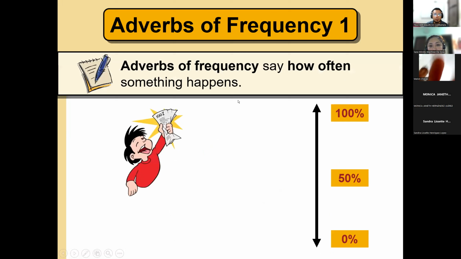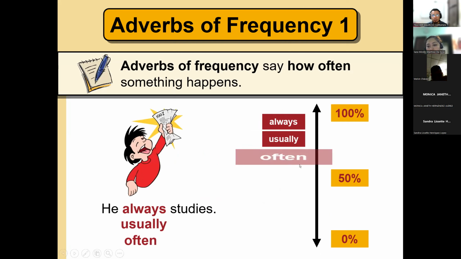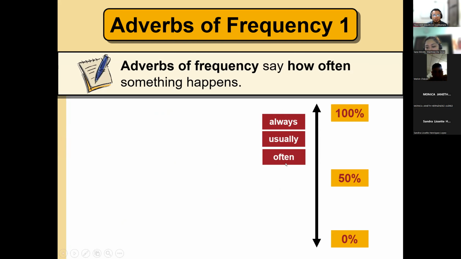So when we talk about frequency adverbs, we describe how often things happen. Let's say we have a table or a line of percentages. When you use always, that means 100% of the time. Usually will be between 90 and 80%. Often, I think it's like a 60 or 70.